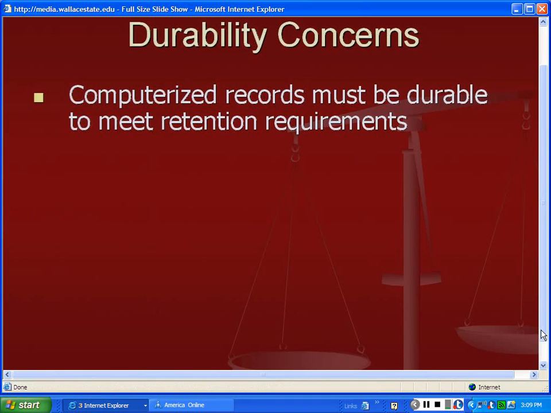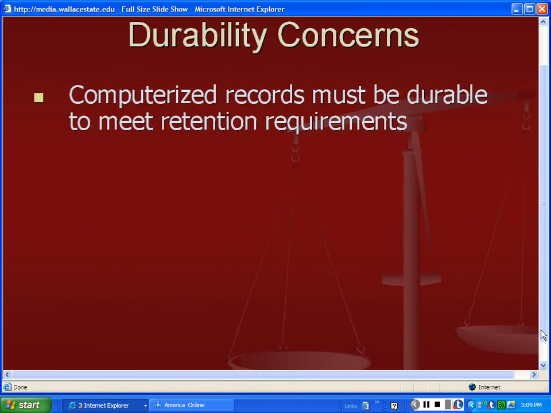They have to be durable enough to meet the retention requirements. When we talk about retention requirements, how long do we have to keep them? And so if we say we're going to keep them for 10 years or 20 years or however long we're required, plus however long our policies say that we're going to retain medical records, we have to make sure that what we're keeping them on is durable.